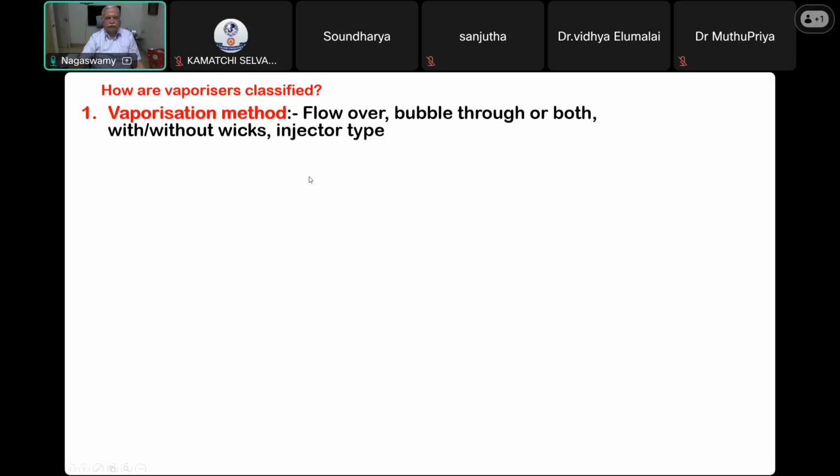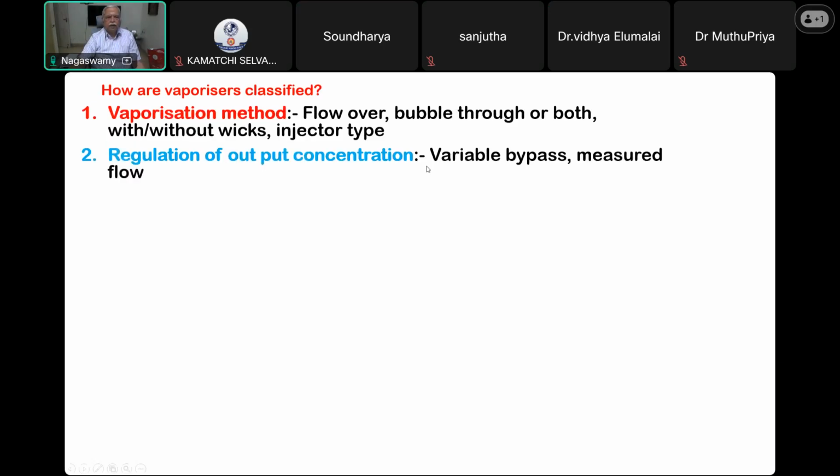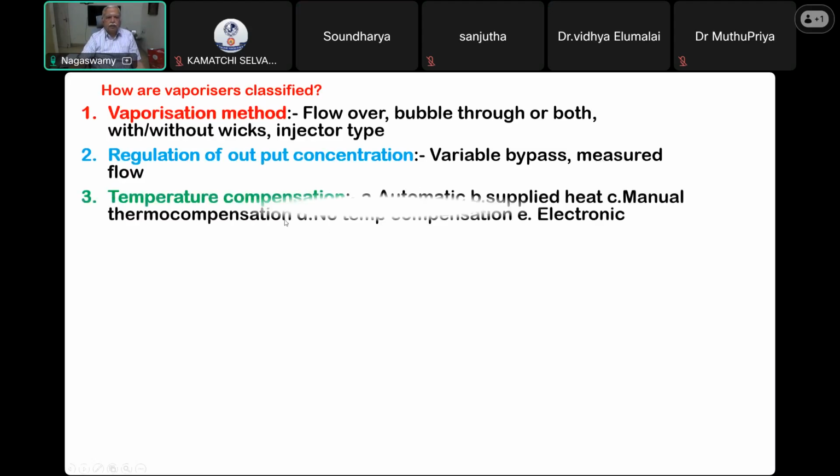Vaporization method first, which can be flow over, bubble through, or both, with or without wicks, or injector type. Second is regulation of output: variable bypass or measured flow. The third is temperature compensation, either automatic or supplied heat, or manual thermal compensation, no temperature compensation, or electronic compensation.